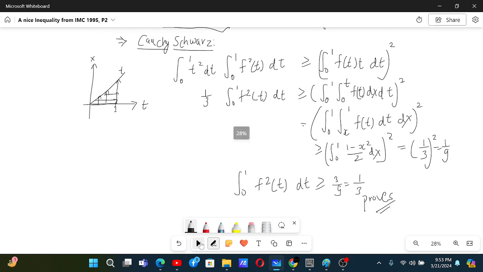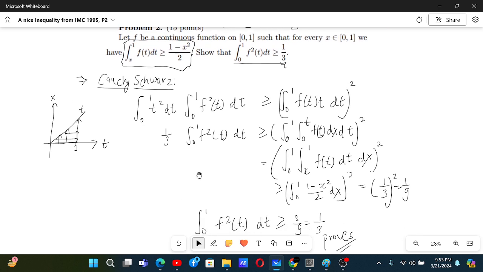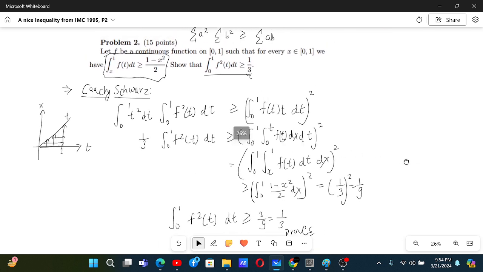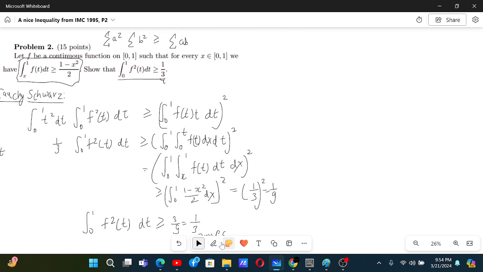But let's see the second proof as well. How does the second proof go? We basically start with the expression: the integral from 0 to 1 of (f of t minus t) dt, whole squared.